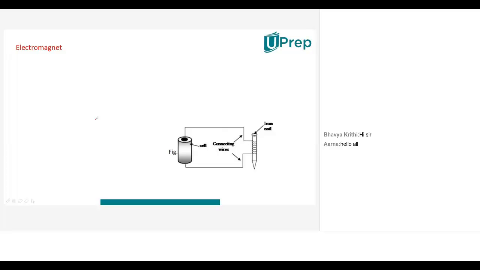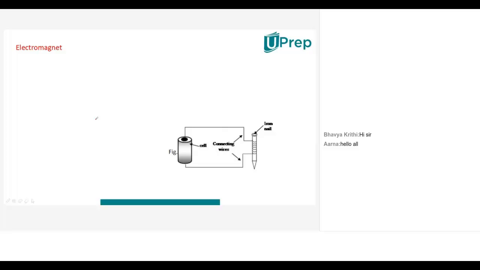No. That means whatever magnetic properties are there while current is flowing will be lost by the iron nail when electricity is switched off. Whenever electricity is there, only then it will behave like a magnet. When electricity is not there, it will not behave like a magnet.